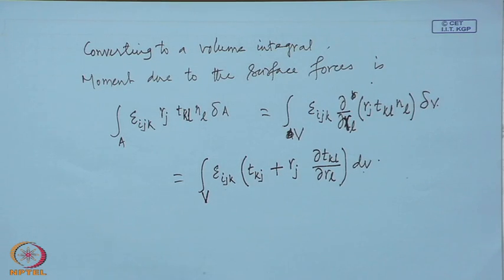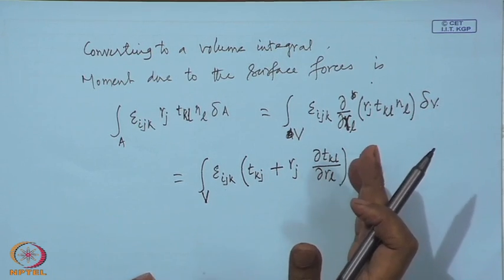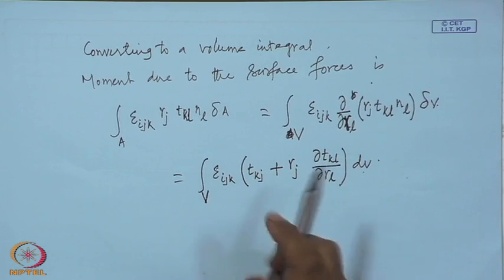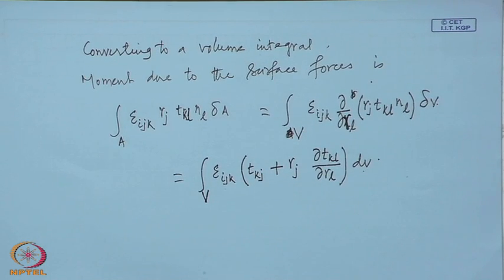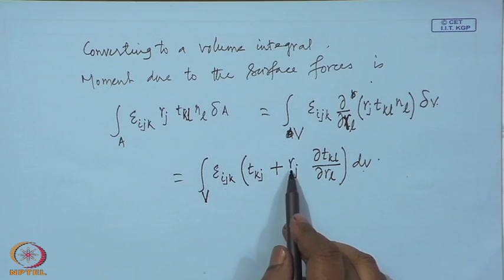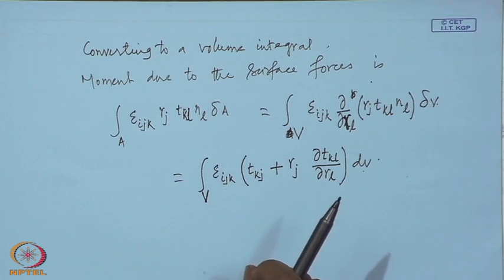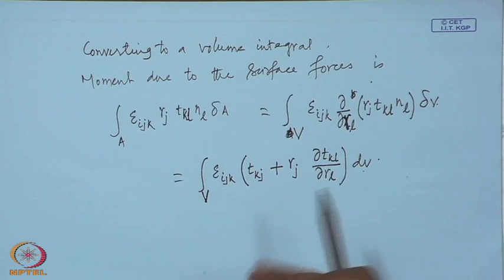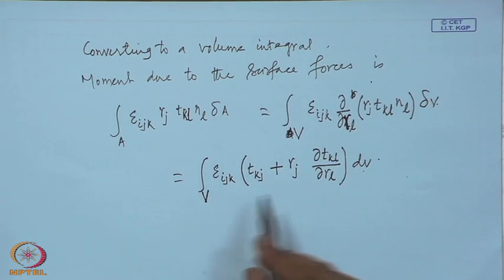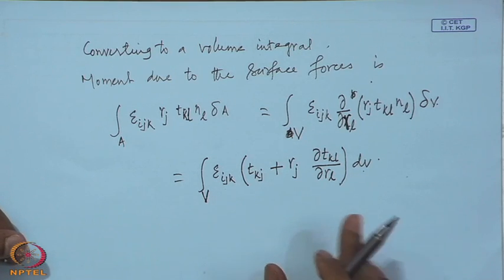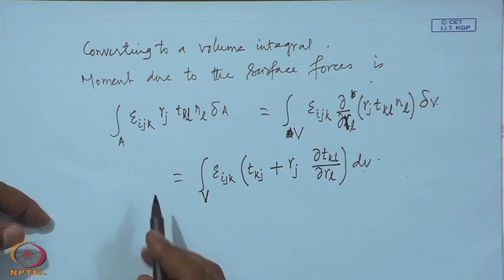Yes, the first term will be proportional to delta v, or of the order of delta v, we will call it, while the second term will be of the order of area times another length r j. So, what is it? Of the order of v to the power 4 by 3. So, the first term is of the order of delta v, the second term is of the order of delta v to the power 4 by 3. Okay.